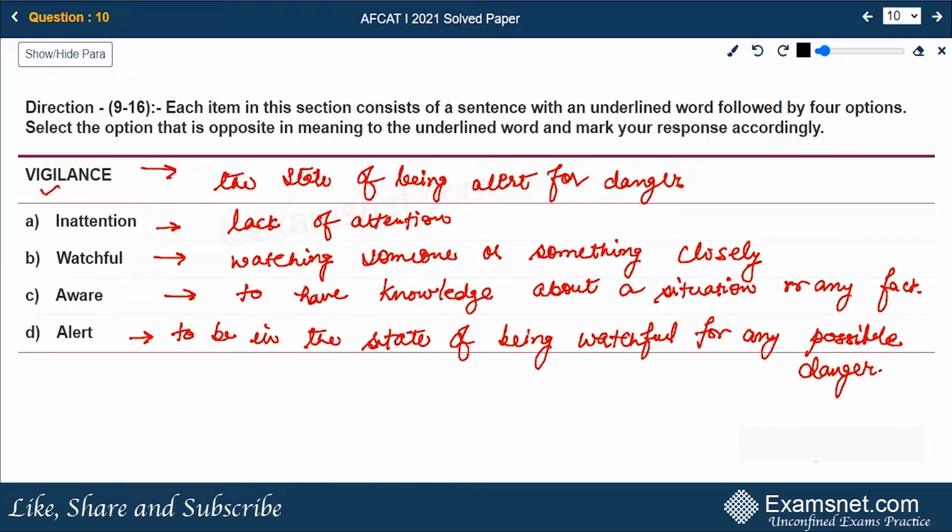So you can clearly see vigilance, which means a state of being alert, has the antonym inattention. So option A is your correct answer, because vigilance means to be in the state of alert and inattention means to be in the state of having lack of attention. So option A is your answer for question number 10.